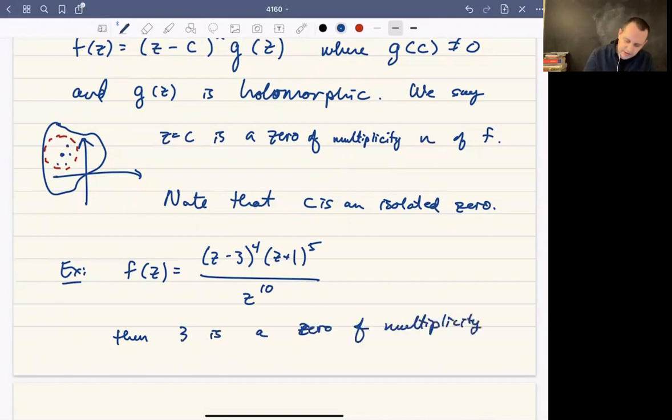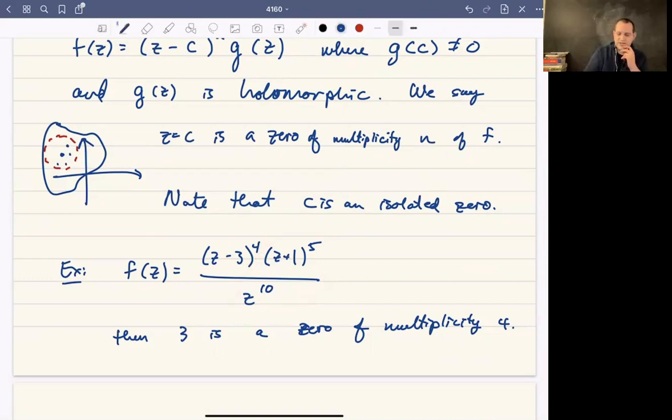That's basically all that this is saying here. The rest of this function, over some disk centered at 3, is going to be non-zero and holomorphic over some neighborhood centered at 3.